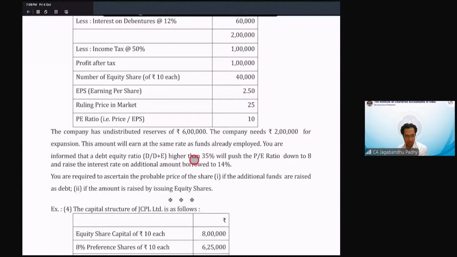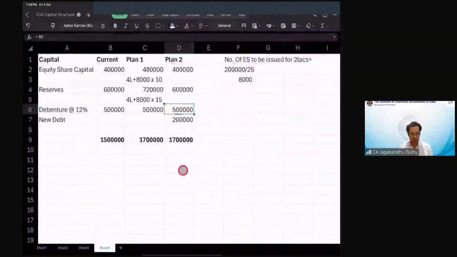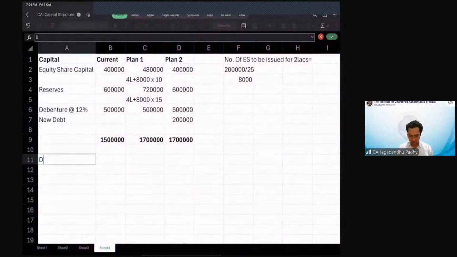That's okay. But then the point is you're informed about the debt equity ratio. Now debt equity ratio over here is debt upon debt plus equity. So debt upon total capital. They've clearly specified this is to be done. Higher than 35% will push the P ratio down to 8% and raise the interest rate on additional amount borrowed to 14%. We need to first compute debt upon debt plus equity.